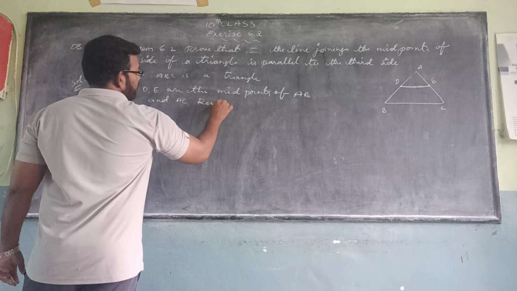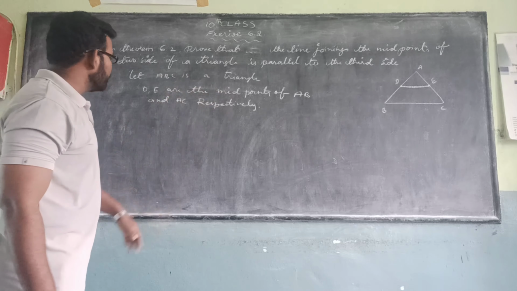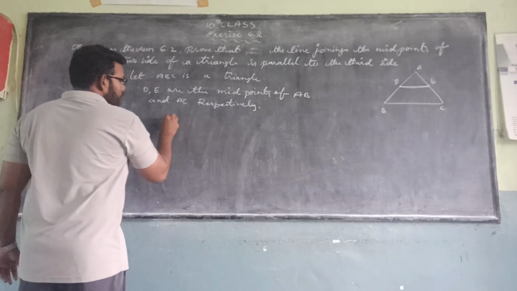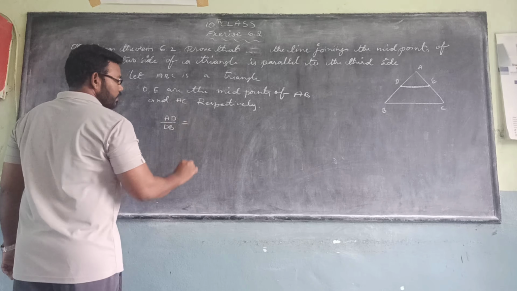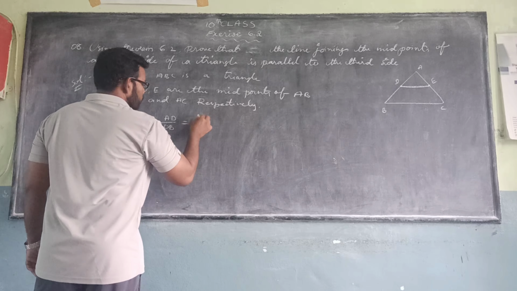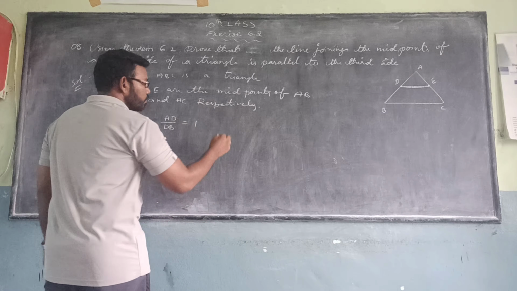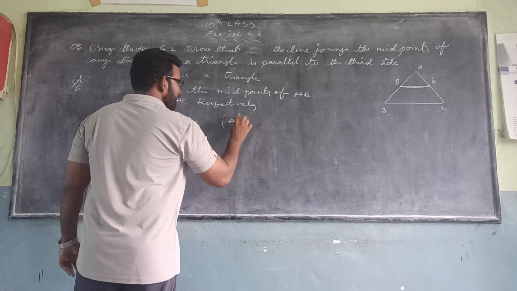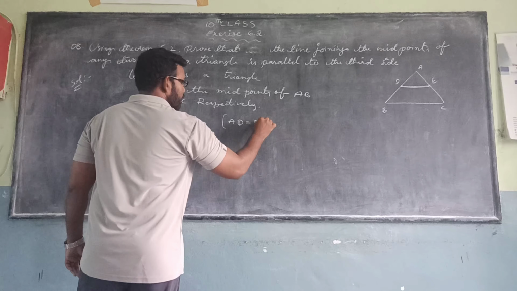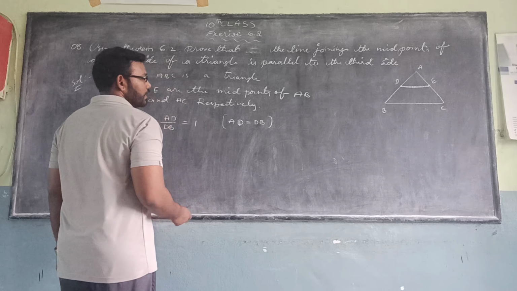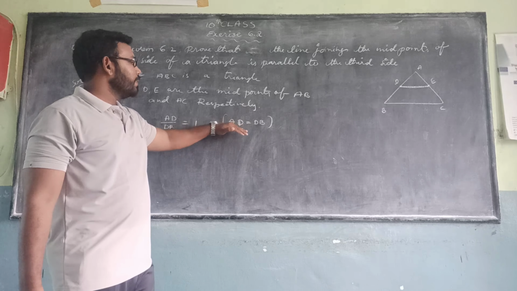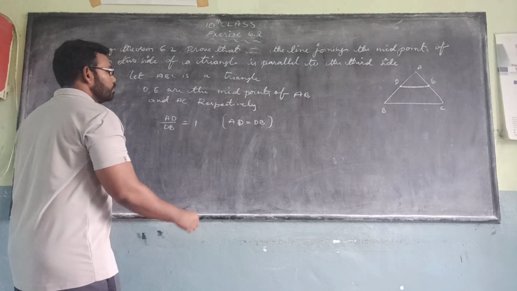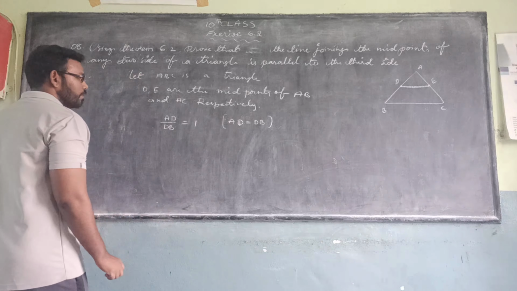So when D is a midpoint of line segment AB, we can write that AD by DB is equal to 1. How? Because AD is equal to DB. If we do cross multiplication, or transfer DB to the LHS, AD by DB is equal to 1, because D is a midpoint.